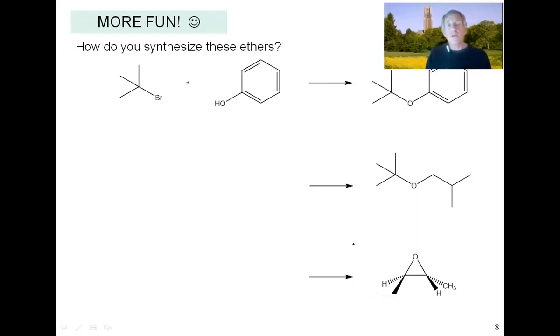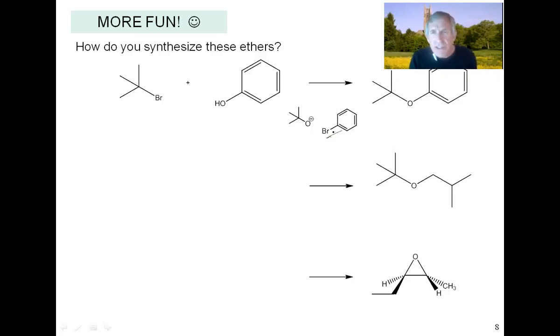I started with this alkyl bromide, the t-butyl bromide, and phenol. Now, I think these would make a much better addition in an ether synthesis instead of switching it around. Because notice if I have it in this situation, I have my bromide leaving group attached to the benzene ring.